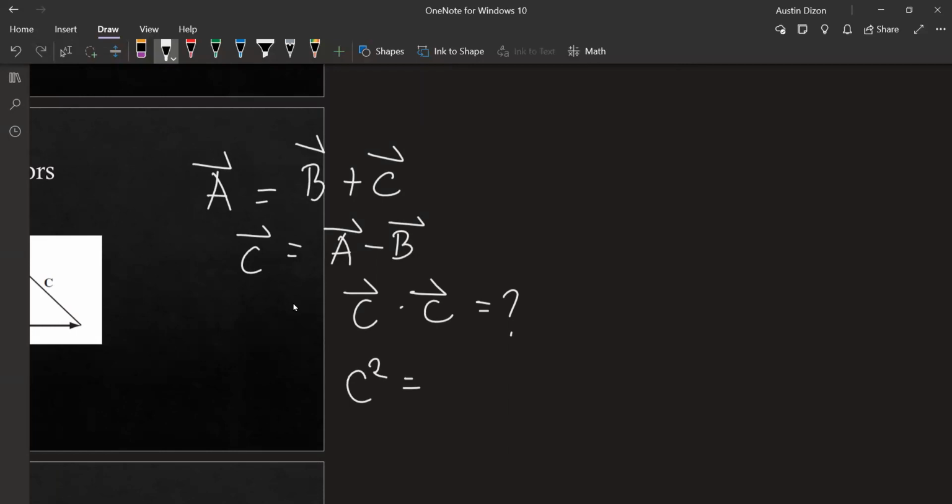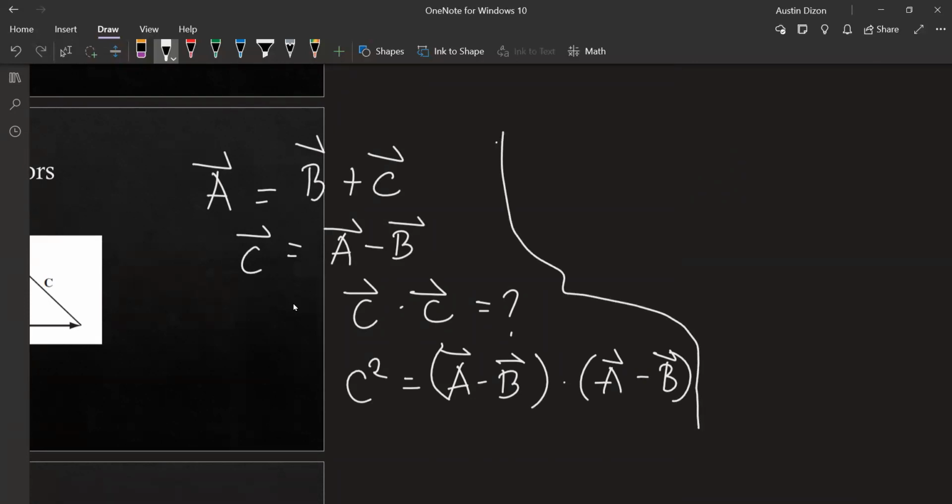Tama? Ito yan. Sorry. Pero hindi natin alam kung ano mangyayari dito sa A minus B. So, sabihin natin A minus B is this dotted with itself, which is A minus B. Okay? So, lagyan lang natin ng border.